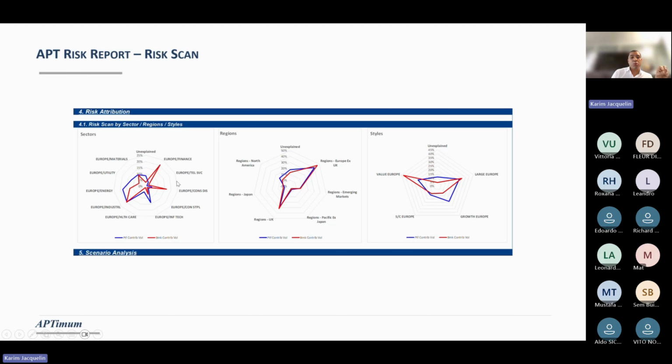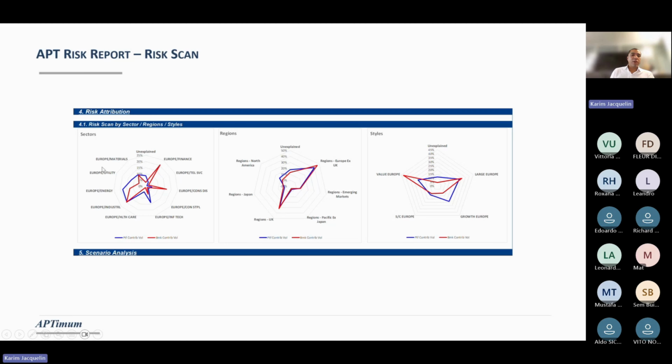So we decompose the risk of the portfolio in blue and the benchmark in red in terms of sectors, in terms of regions, and in terms of styles. This analysis does not rely on the convention of the industry membership. It only relies on the sensitivities, the correlation of the portfolio to those different sectors.